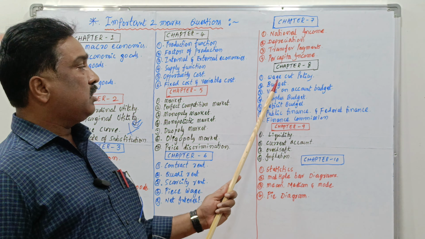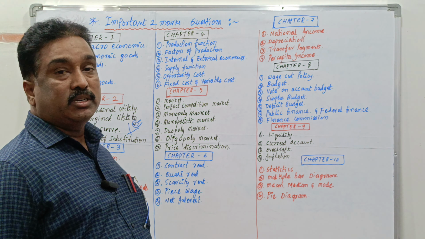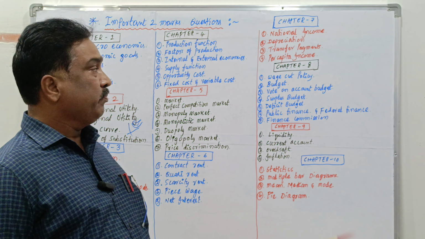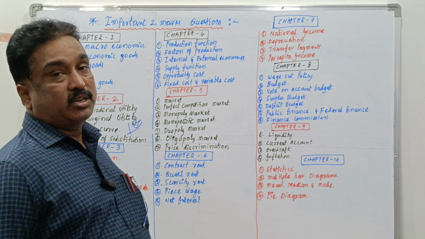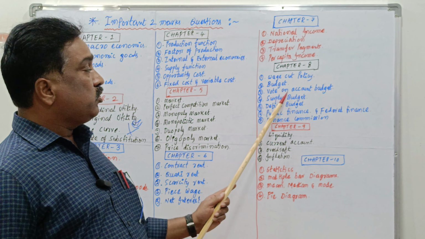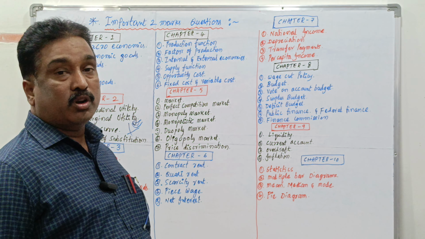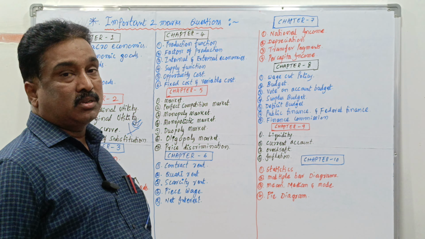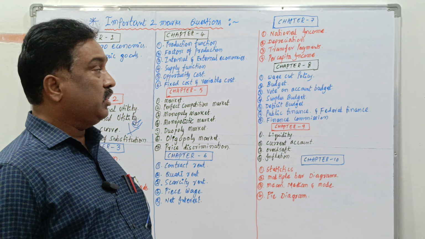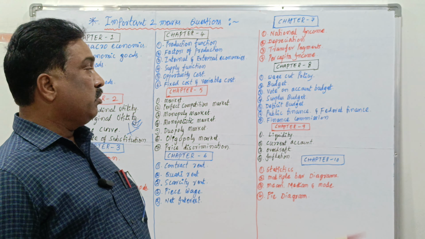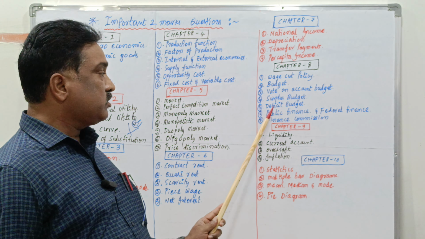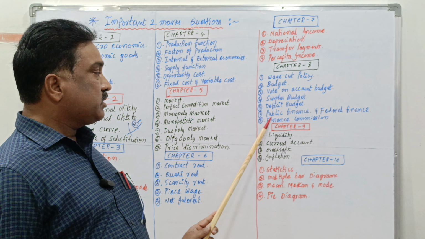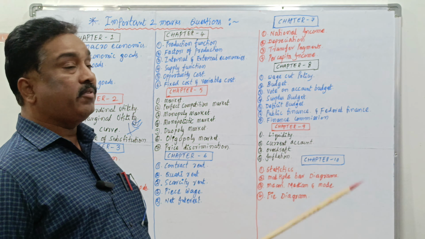Here, what is the wage cut policy? Who proposed the wage cut policy? What is the meaning of budget? What is the vote on account budget? It is a temporary budget, made for a short period. What is a surplus budget? What is a deficit budget? What are public finance and federal finance?